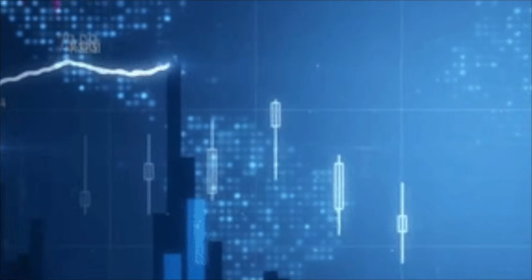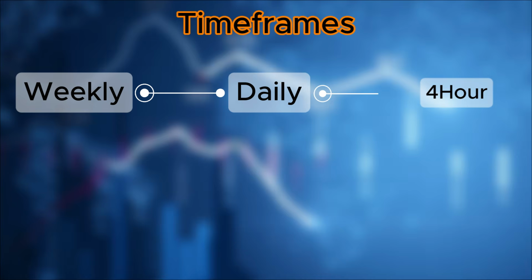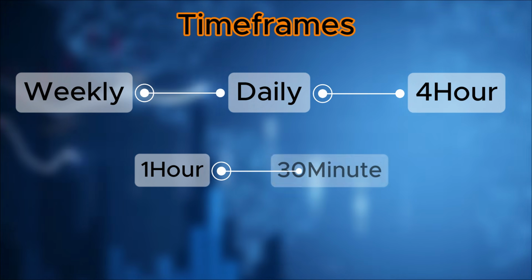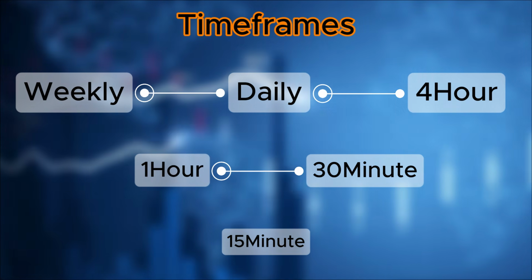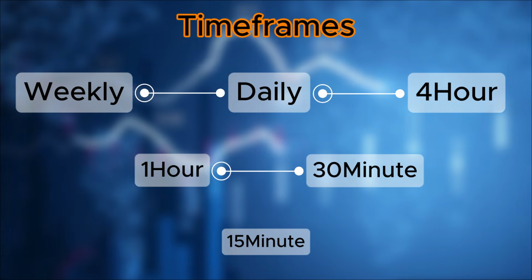Alright friends, let's get into the strategy. We'll start with the timeframes. Here are the ones we'll need: weekly, daily, 4 hour, 1 hour, 30 minute and 15 minute. You can also use the 2 hour, but I personally prefer the 1 hour time frame. Now, how do we use these?